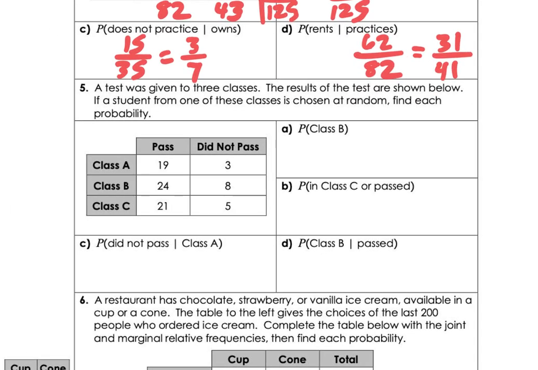Okay, I'm going to give you a couple of minutes. Try to do number 5. All 4 parts to number 5. Very, very similar to the one we did just a second ago. This one has a third row to it, but still is done the same way. So try to answer these 4 questions, and then we'll go through them.